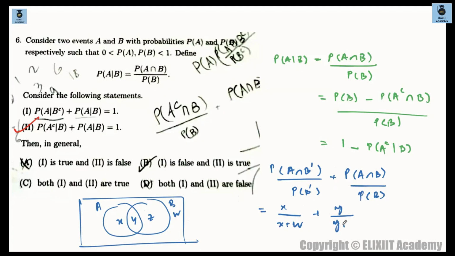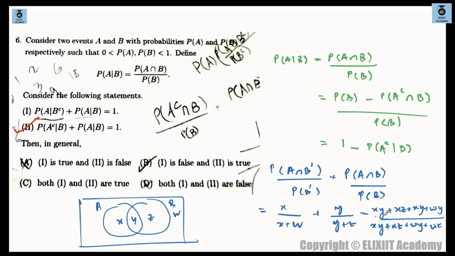In general, you can clearly see that these two are not the same. This will not be equal to 1. You can verify this. Once you take the LCM and simplify, we have XY plus XZ, and here we have XY plus WY in the numerator, and the denominator is X plus W times Y plus Z, which is XY plus XZ plus WY plus WZ.